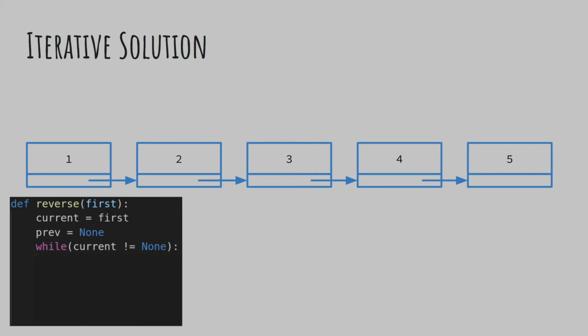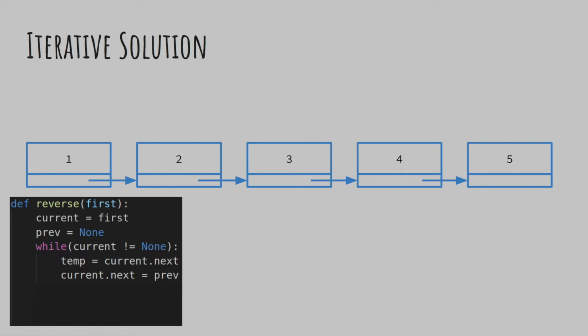Then we will have a loop, and in that loop, as long as current is different from None, we will create a new temporary variable in which we save the next value. Then we will say that the next value of the current element equals the previous element.